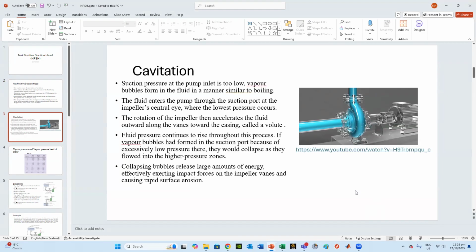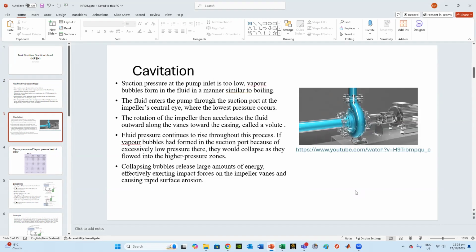It's suction pressure at the pump inlet is too low. Vapor bubbles from in the fluid in a manner similar to the boiling. The fluid enters the pump through the suction port at the impeller central eye, and where the lowest pressure occurs. Rotation of the impeller then accelerates the fluid outwards along the vents towards the casing called a willet.